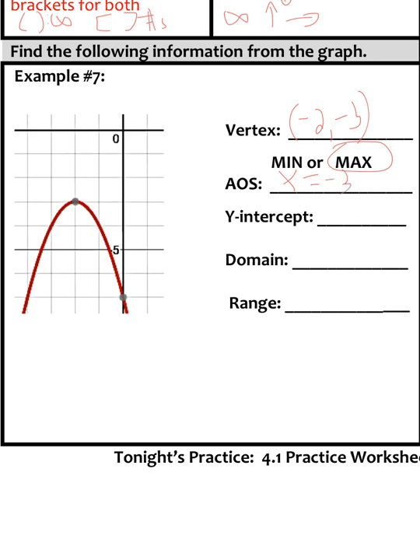We have to look and see where it crosses the y-axis, and that's right there. So 0, -7. Remember, our domain is always -infinity, infinity. And then we're going to use our y value, which was -3, pointed down. So we'd use -infinity, -3.